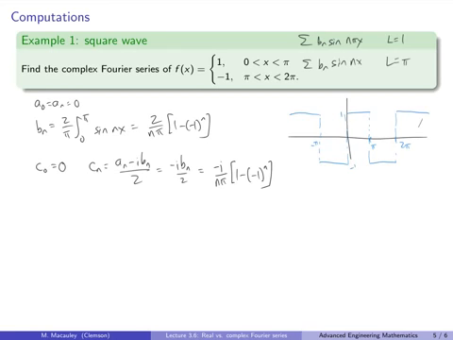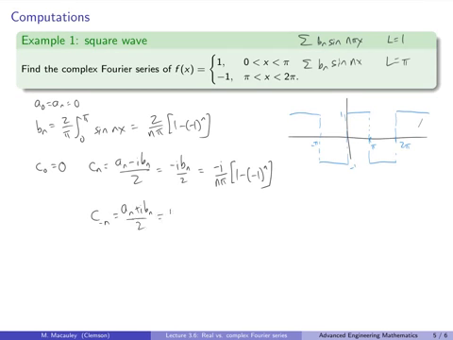You may be wondering, what about C negative n? Well, we don't actually have to compute that. We didn't compute that in the previous lecture when we computed the complex Fourier coefficients. C negative n is what you get by taking this formula and plugging in negative n. What happens? The negative n here doesn't change anything. And if you plug in negative n for n here, then this becomes positive. So let me just convince you of that if you don't believe me. C negative n is an plus I bn over 2.